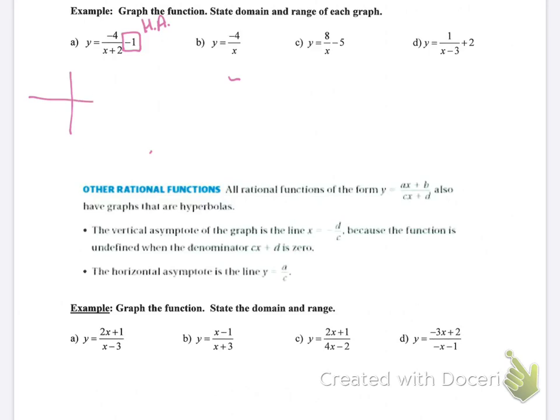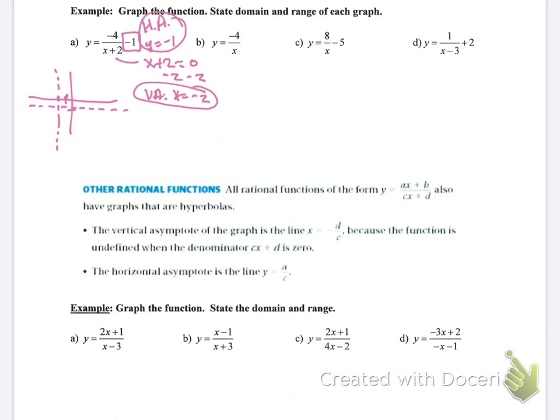So if I draw my axis, I've got y equals, sorry, negative 1 is going to be a horizontal line there. To get the vertical asymptote, I have to set this equal to 0. So subtract 2. x equals negative 2 would be your vertical asymptote. So the horizontal asymptote didn't really take any work. It was right there. For the vertical asymptote, I have to do a little bit of work.